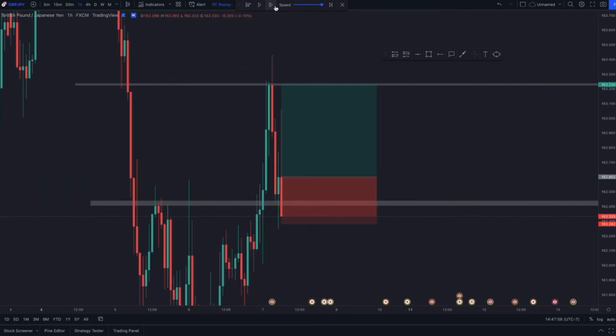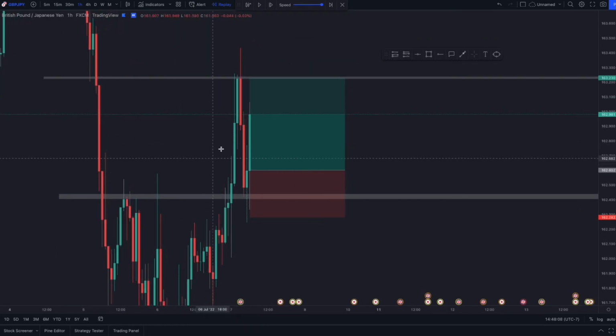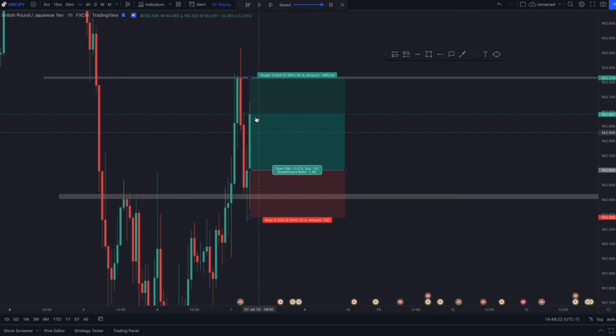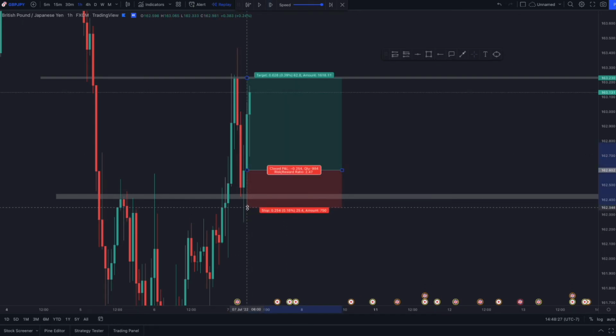Okay, let's see what happens. Ooh, I almost got stopped out. Almost, like 5 pips away. And that's how you trust your analysis, because we're not expecting price to go all the way down here. But it happened. We almost got stopped out though. We wouldn't have got stopped out if I put 25 pips.